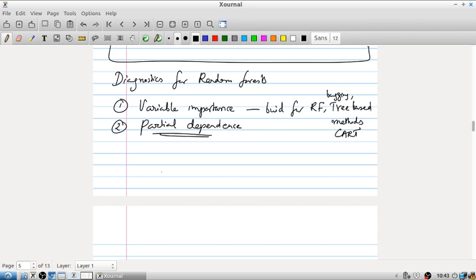Okay. And the way it's denoted, let's say I'm looking at a variable L, and I want to know its importance.